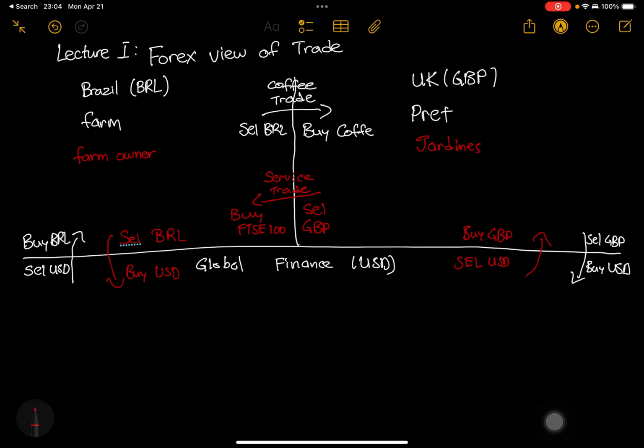Maybe the Brazilian is hiring someone for remote work in the UK, although I'm aware that that's not as common as the other way around. So this could be anything. The point here being it actually has the same basic format as the goods trade. And what do I mean by that?